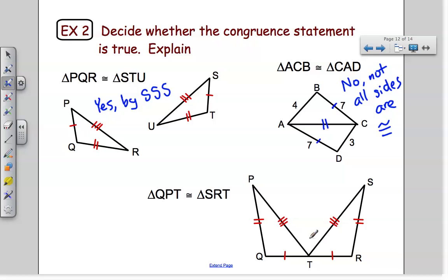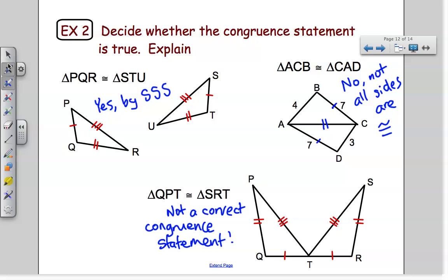These are not written in the correct order. So I'm going to say not a correct congruence statement. I mean, this would work by side, side, side, except it's not listed correctly.